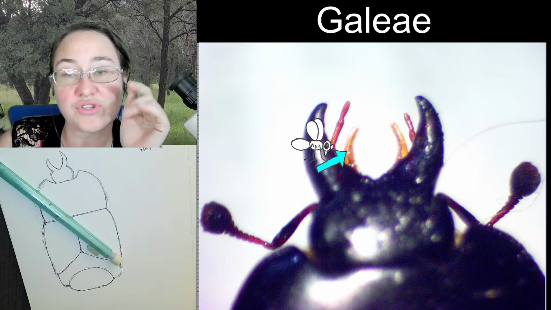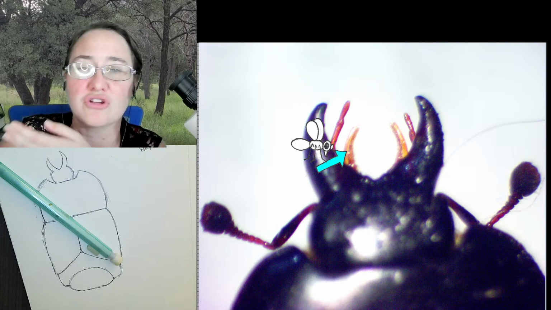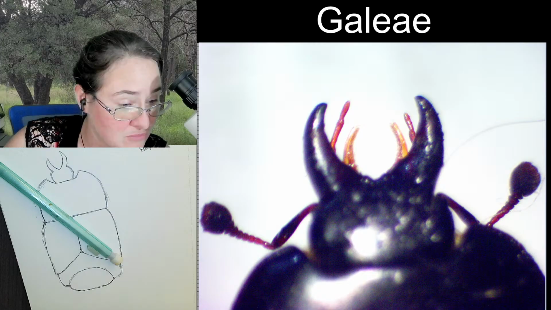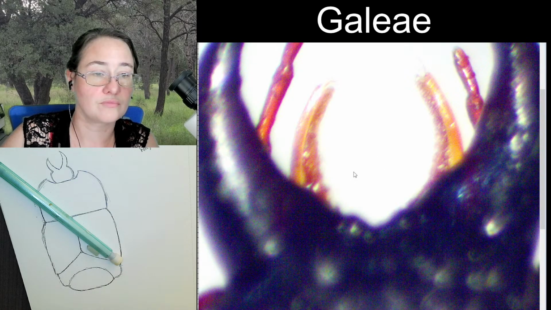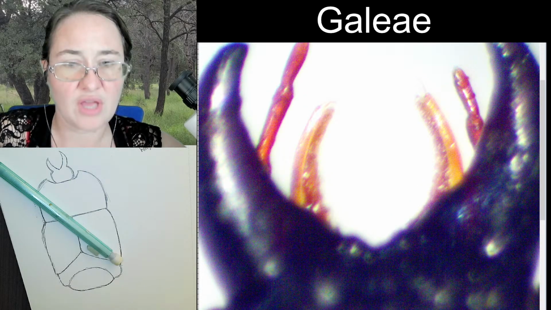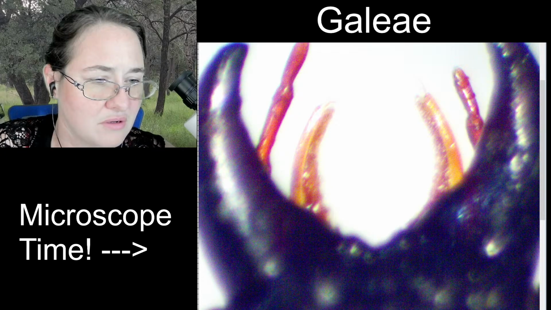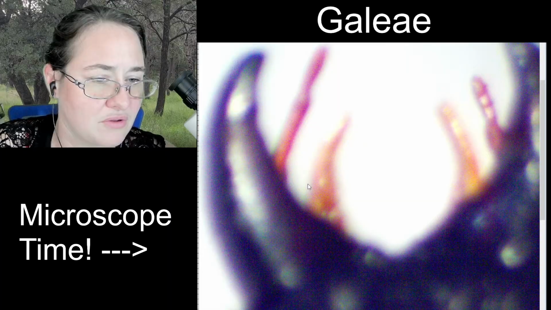So those are actually almost like a beetle tongue. They are going to have hair on them too. I'm going to see if I can get that hair in focus. We might need a little bit of micro focus adjustment here. Oh, decided to jump.